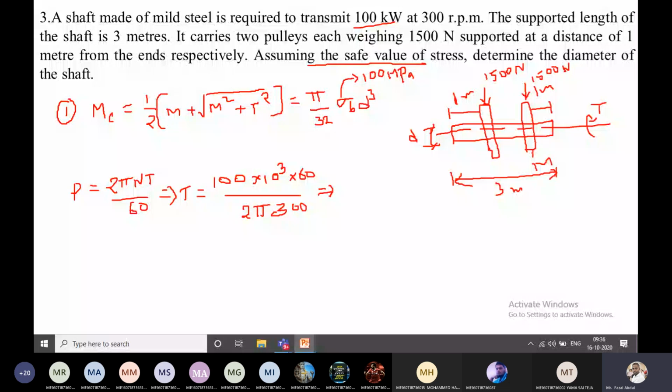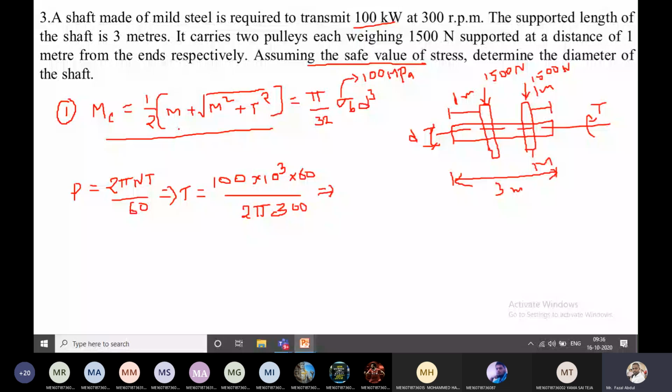If you identify the category, we can easily take the formulas. I think there is no difficulty in writing this formula. Only one line is there: 1/2 [M + square root of (M² + T²)]. I think there is no difficulty writing this equation.